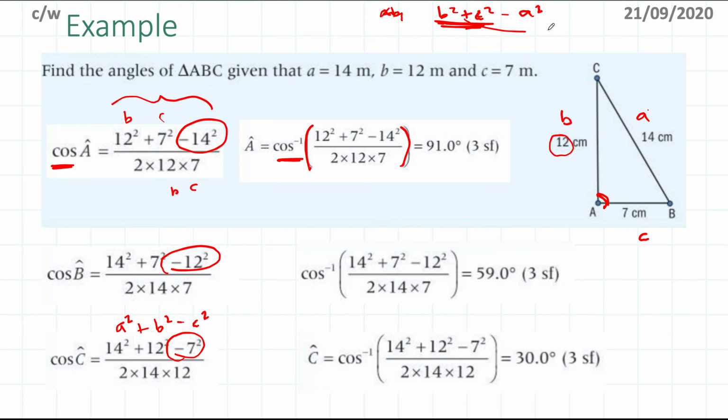So it's not the exact same format, but all you need to make sure is that if this is my opposite angle, then I'm subtracting the opposite length, and then the rest of my lengths go here. Notice how I'm not even using the letters A, B, and C. Hopefully this was clear. If you need a more detailed explanation, there is a more in-depth cosine rule video to go through.